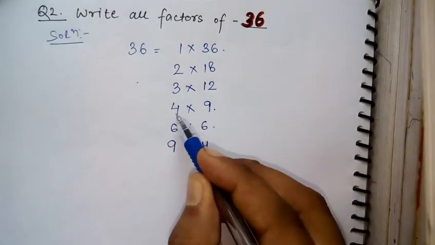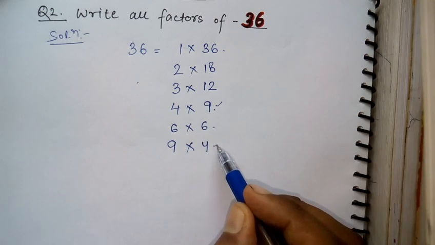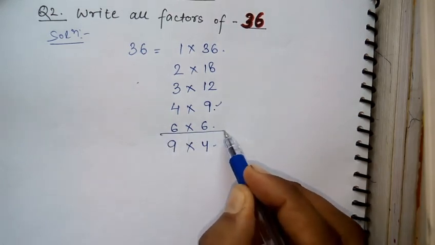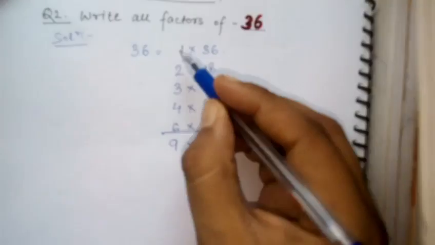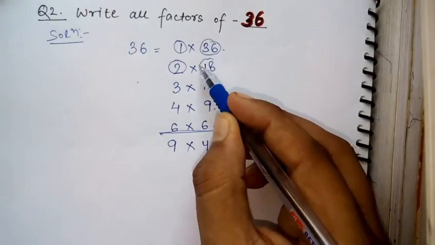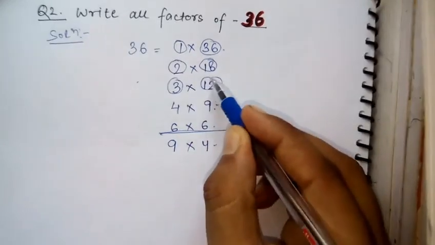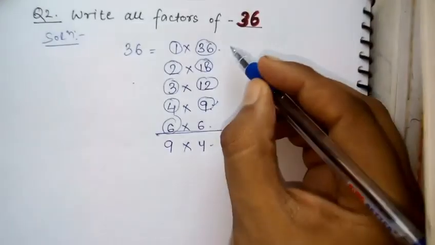We have got 4 and 9 here, and we are getting 4 and 9 here also. So we will stop at this place. The factors of 36 are 1, 36, 2, 18, 3, 12, 4, 9 and 6.